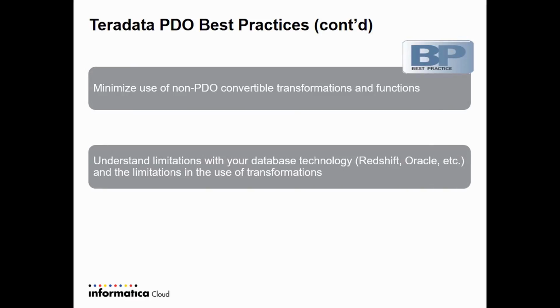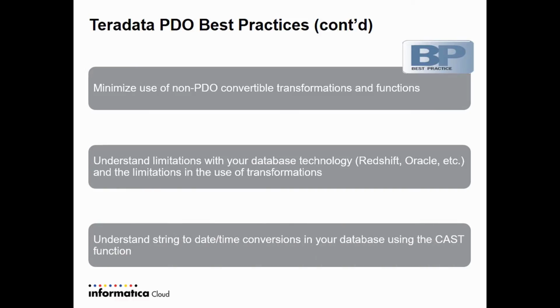Understand the limitations of your database technologies, such as Redshift, Oracle, etc., and the limitations in the use of transformations. You also need to understand string to date-time conversions in your database using the cast function. This is useful in override SQL.